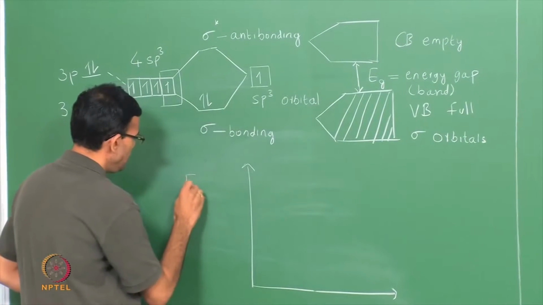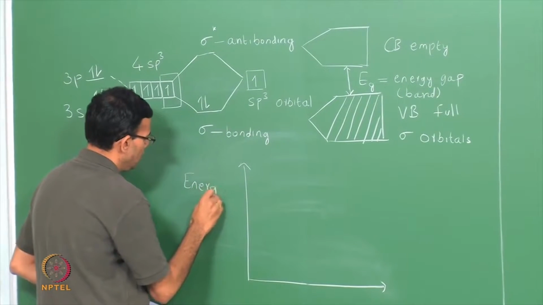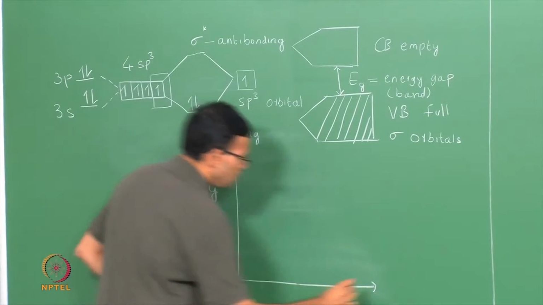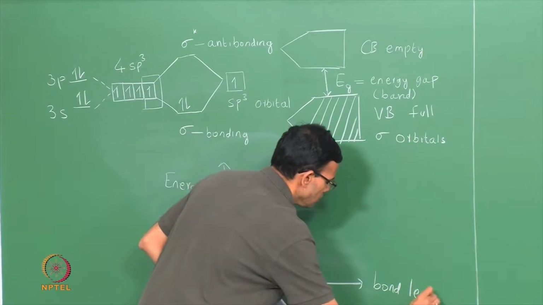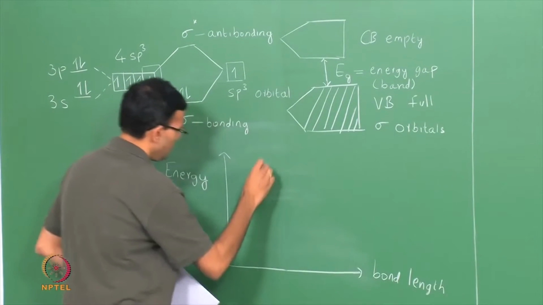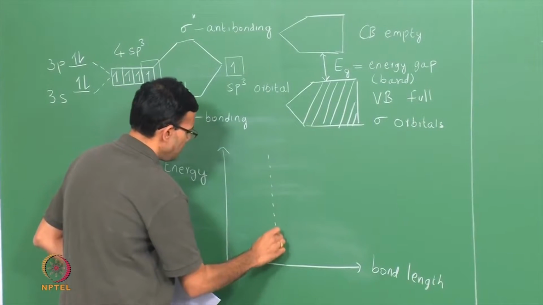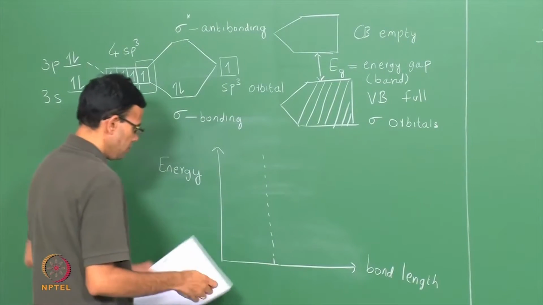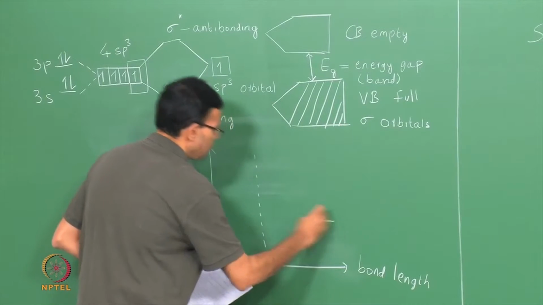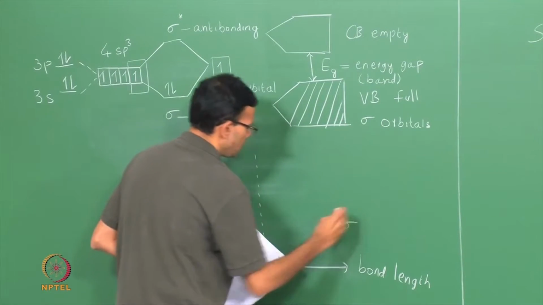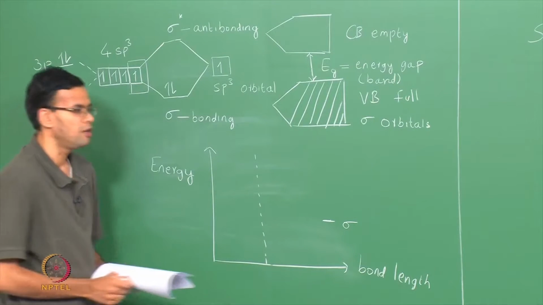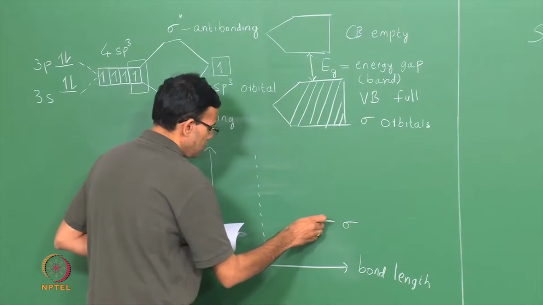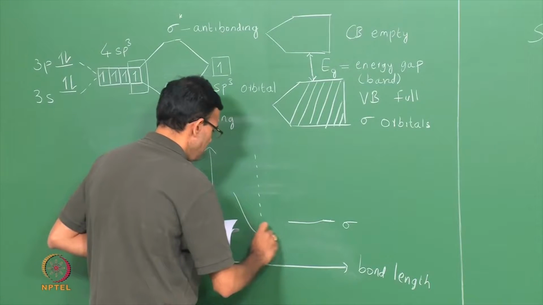So, I have energy on the y axis, bond length, there is some equilibrium spacing, we have sigma. So, here this sigma represents the effect of one bond. In a solid it forms a band.